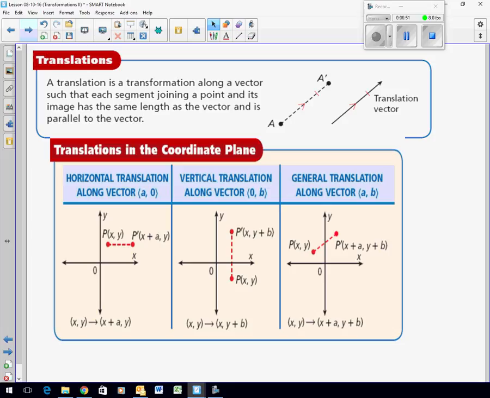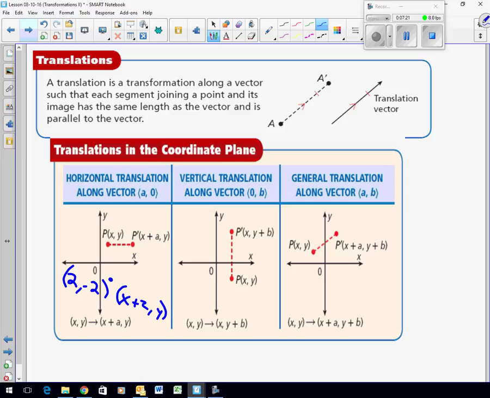Okay? Let's try and visualize this. You just need to pay attention right now. Okay? I start at the point (2, -2). I apply the following transformation: (x + 2, y).